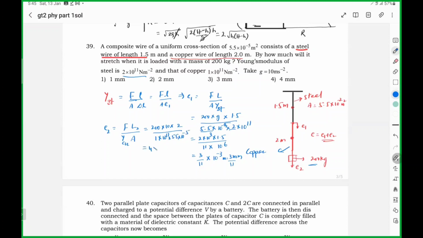So it's 4 into 10 cube, over 11 by 2 into 10 power plus 6. This is 10 cube, so 8 by 11 into 10 power minus 3 meters, that is 8 by 11 mm. So the total extension is 3 plus 8, that is 1 mm.